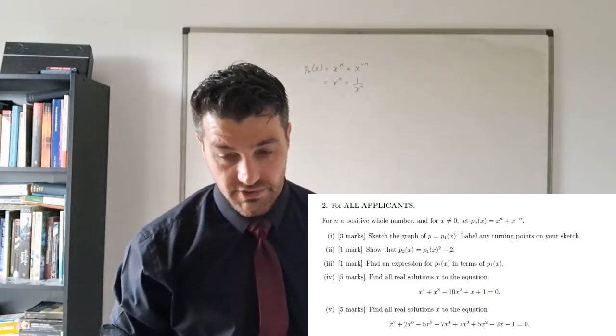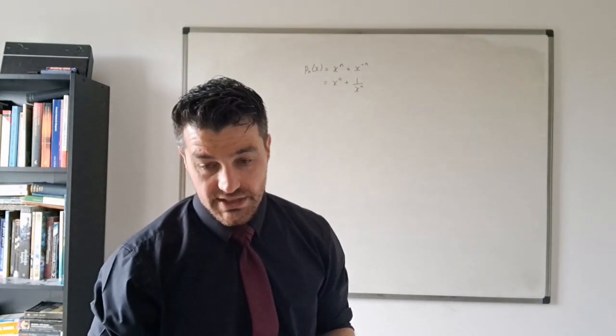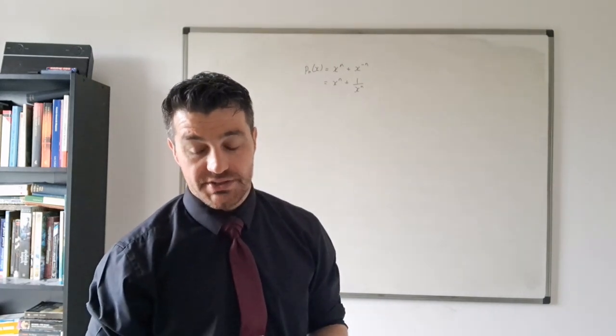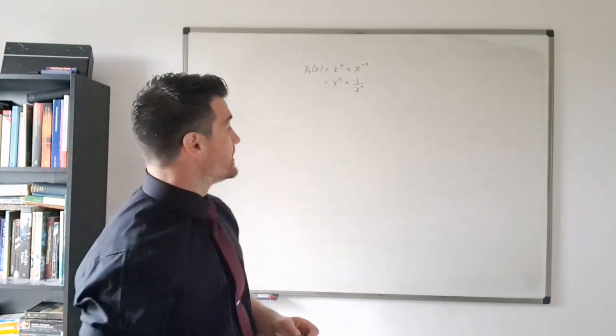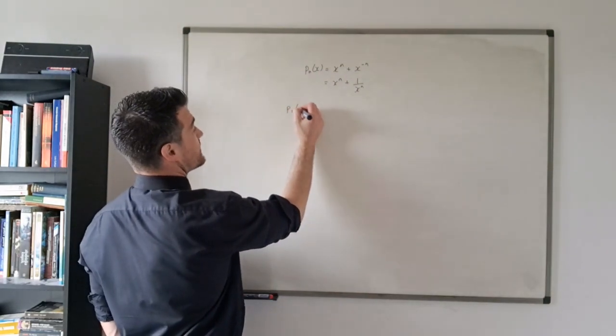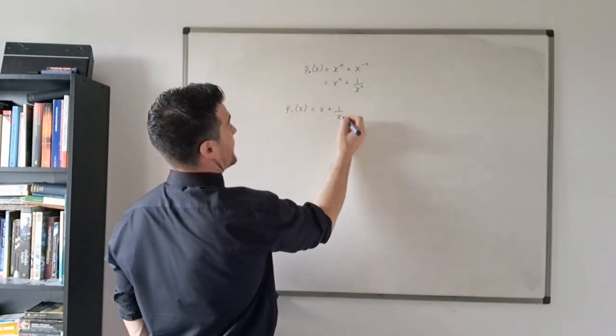That's just personal preference. Then part 1: sketch the graph of y equals P_1(x) and label any turning points on your sketch. First of all, what is the equation of P_1(x)? It's x plus 1 over x.